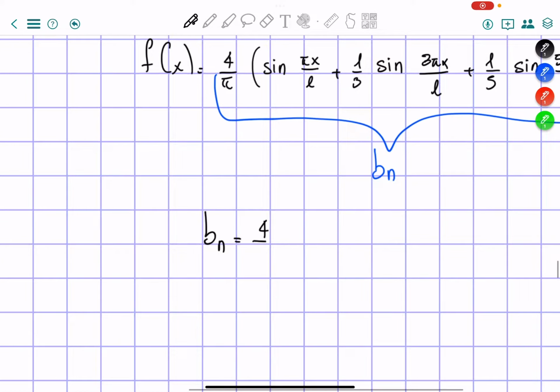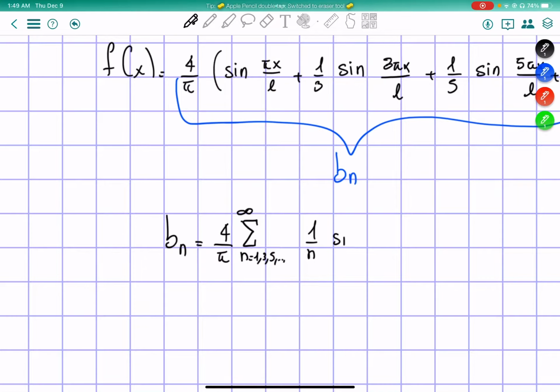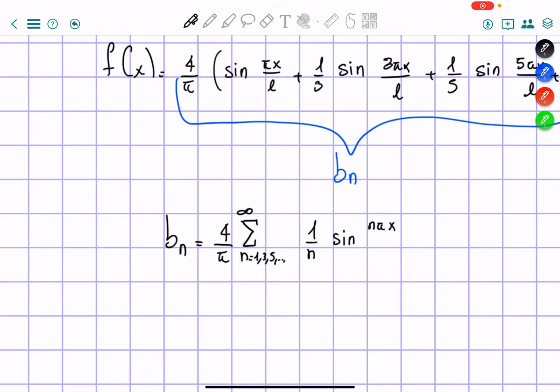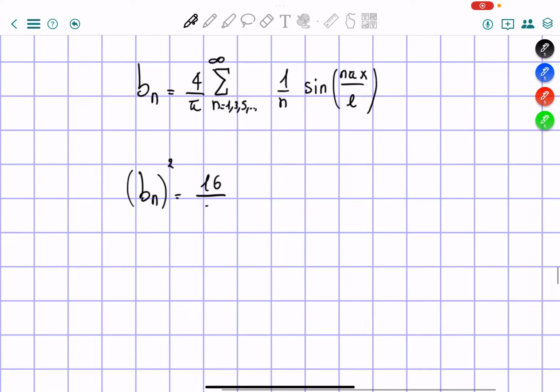Well, we're going to have 4 over pi, the constant in front, times the sum from n equals 1, 3, 5 to infinity of 1 over n sine of n pi x over L. So if I do b n squared, I get 16 over pi squared. I ignore the sum, 1 over n squared, and I ignore the sine squared. So I can rewrite this better as 16 over pi squared over n squared.